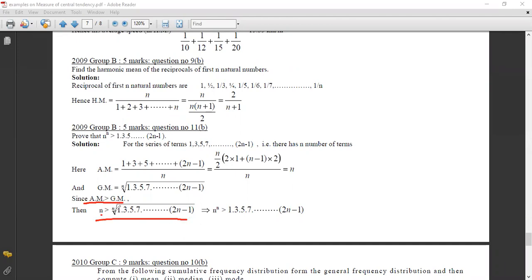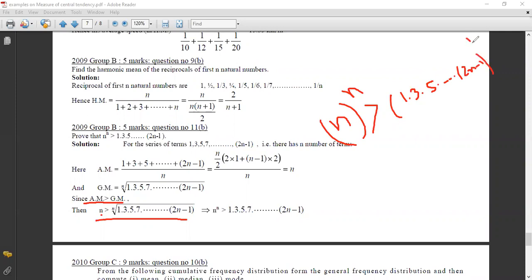Here the nth root is there, that will vanish, and we have n to the power n, greater than 1 into 3 into 5 into dot dot dot dot 2n minus 1.